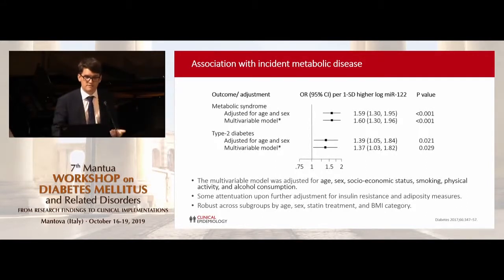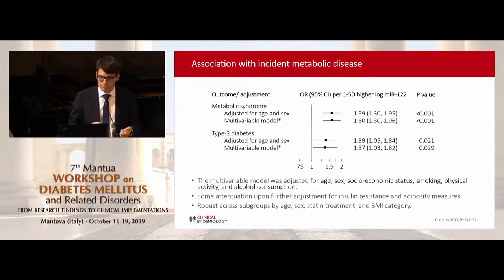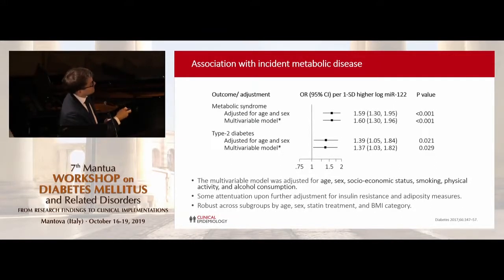When we then applied the multivariable model, which further adjusted for socioeconomic status, smoking, physical activity, alcohol consumption, all well-known and established potential confounders in diabetes research, we saw very little change in these estimates.